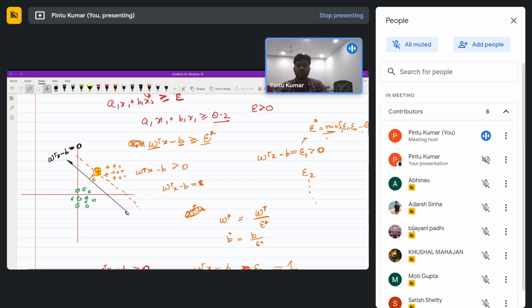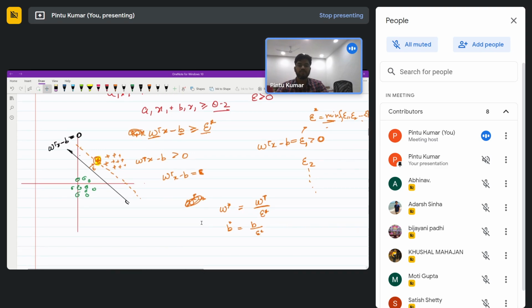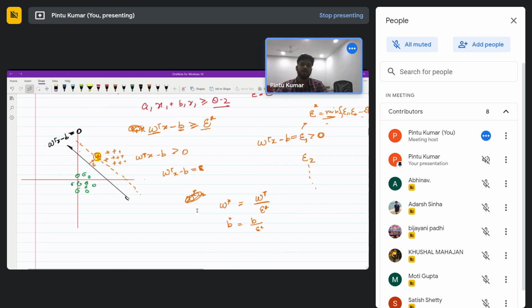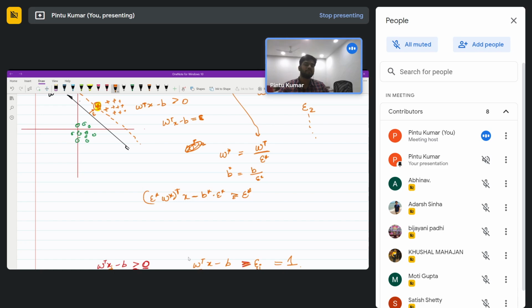If you change your W and B in such a way, then what do you get? I replace W transpose and B over here with their new values. So I get epsilon star W star, this complete transpose x minus B star times epsilon star, is greater than or equal to epsilon star. Now I can take epsilon star common from everywhere and cancel it out. So I'll get W star transpose x minus B star is greater than or equal to 1.